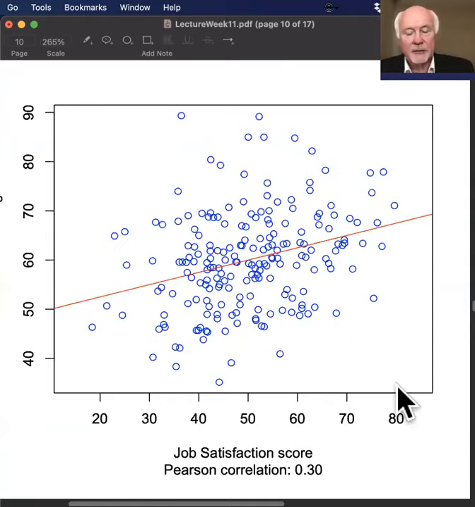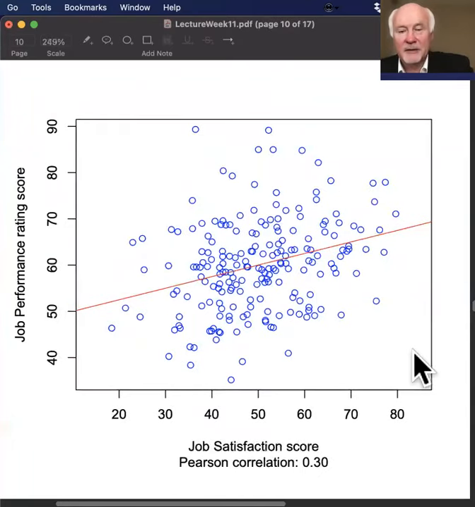So you can look at the scatter plot there. Just eyeballing it, you'd say, well, job satisfaction doesn't give me a huge amount of information if I want to predict job performance. You can see I put a regression line there, with a slight positive slope.